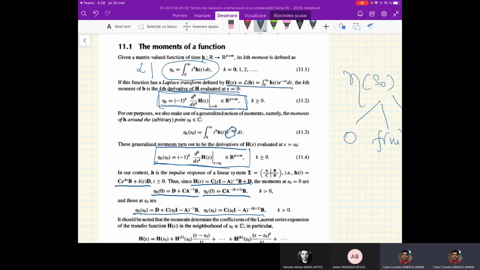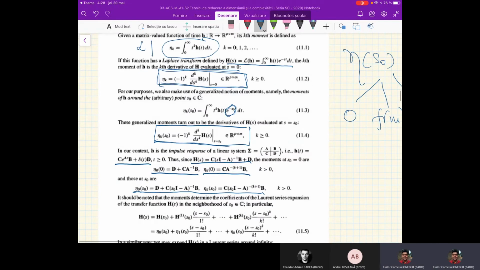What's very nice is that in the frequency domain, if you take the Laplace transform, the coefficients represent the coefficients of the Laurent series expansion around some point.